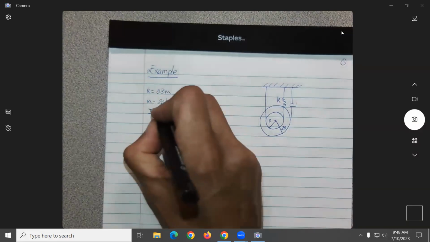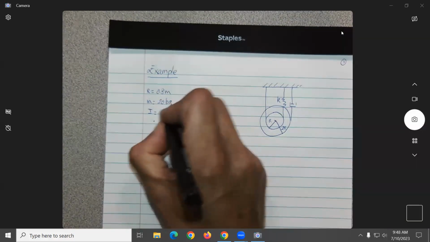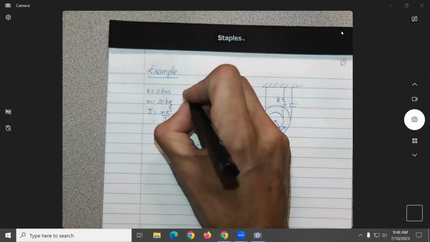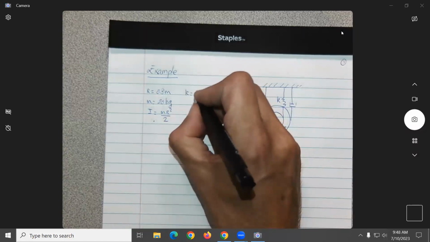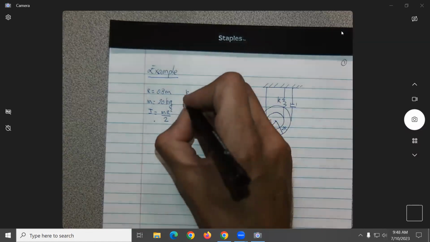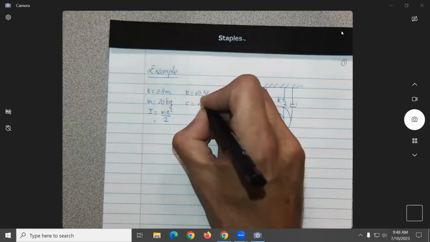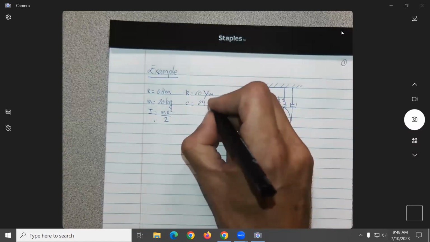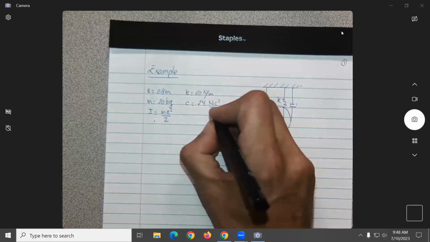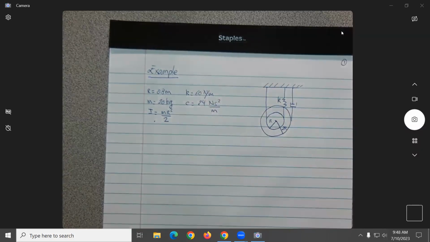The moment of inertia of the pulley would be mr squared over 2. The spring constant K is 60 Newton meters, and let's say that C is equal to 24 Newton seconds squared divided by meter.